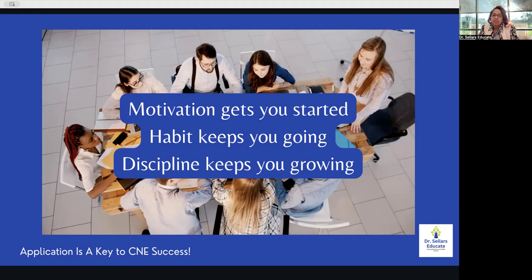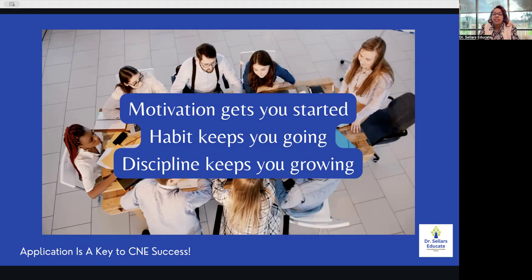And then habit. We know some literature says it takes 15 days, it takes 21 days to develop a habit, but that's not you, right? You're going to develop a habit starting today with showing up for yourself, with investing in yourself to become a better nurse educator. Just 1% every day is our goal, to become better than we were yesterday.